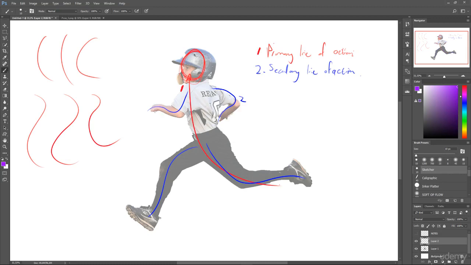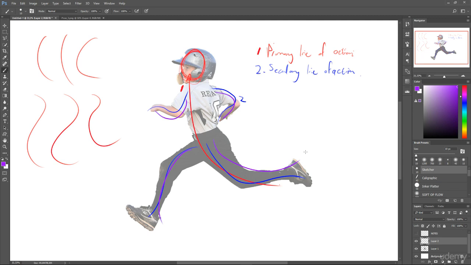We would just do these simple curves to show the secondary line of action in a much simpler way with the purple lines. But since we know opposing curves theory, we might as well use it to help us build those secondary lines of action. So in essence, that's what line of action is.